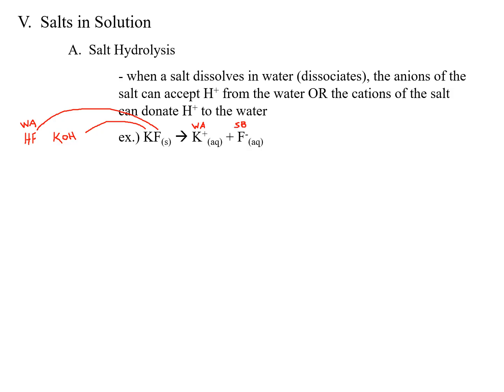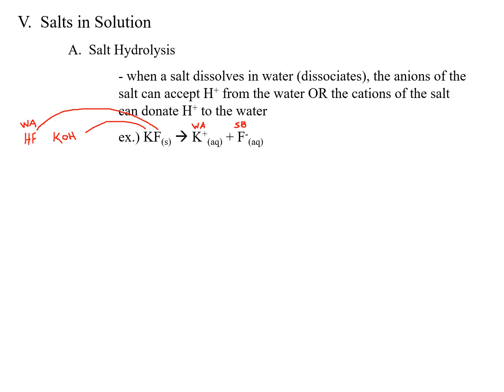F negative is something we actually have to keep track of. We can't just ignore it and say it has no effect on this reaction, because it's relatively strong. And that means it's going to affect the pH.